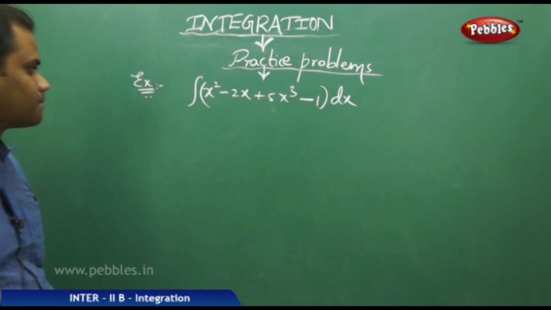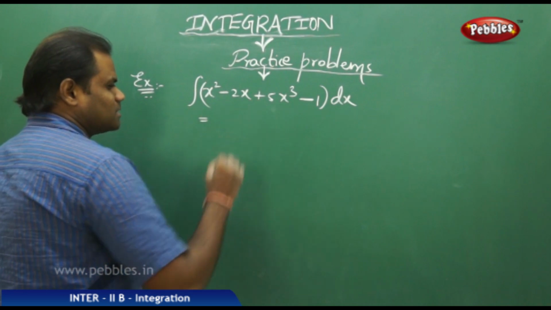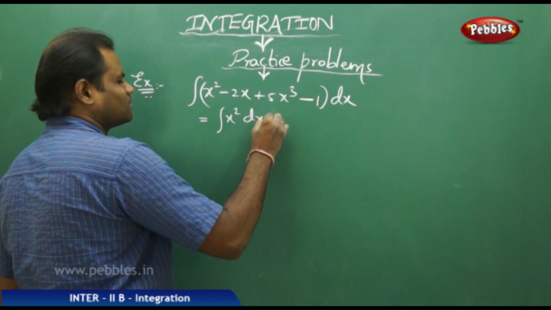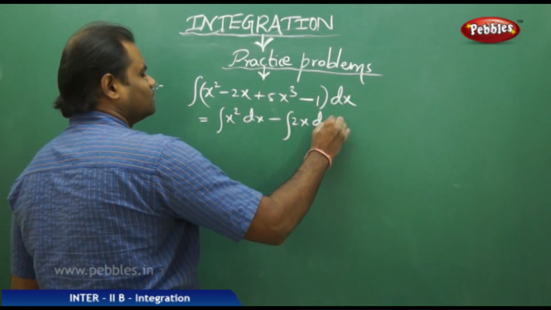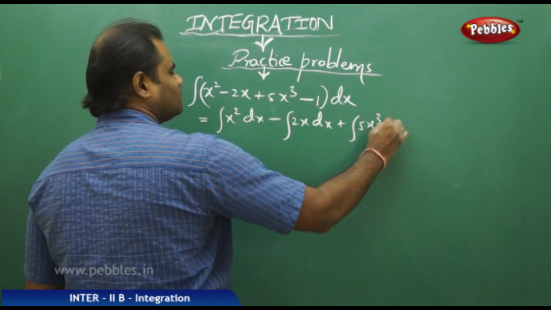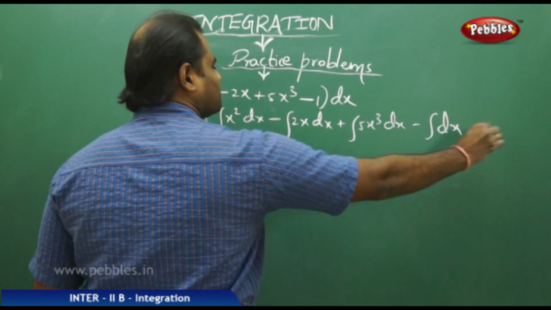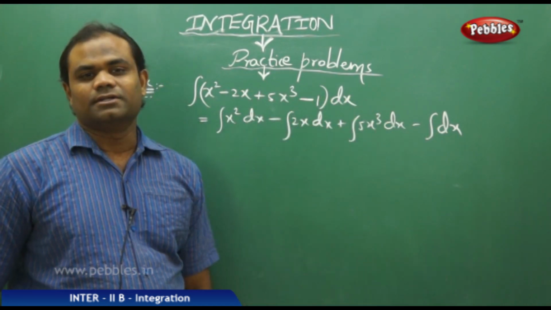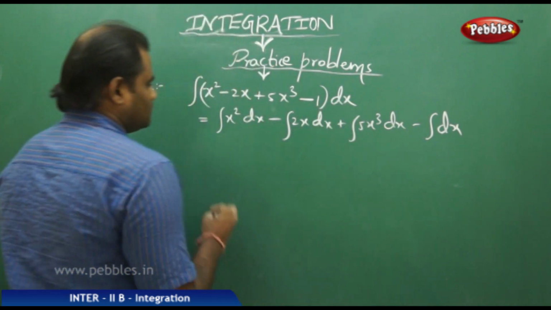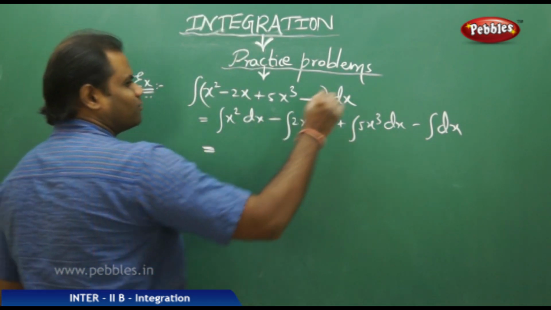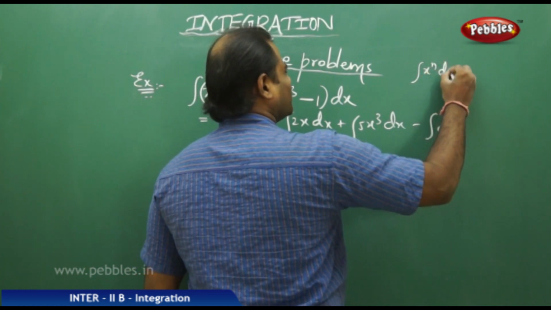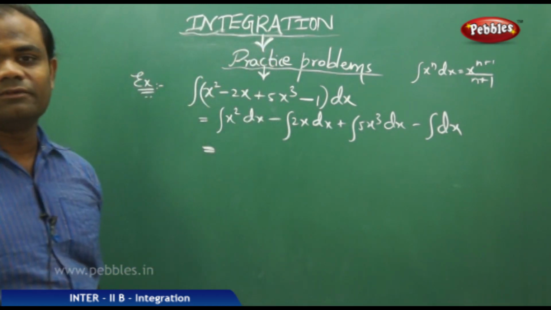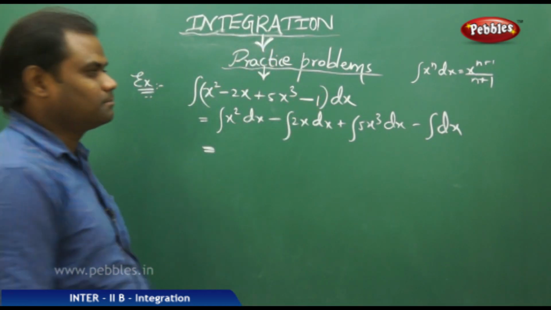So as we know that integration can be split over plus or minus, I first split each of the terms out here. So this is how I split each of these, and this dx. Now we know that integral of x power n dx is x power n plus 1 by n plus 1, which is the formula we have discussed in the standard formulae.